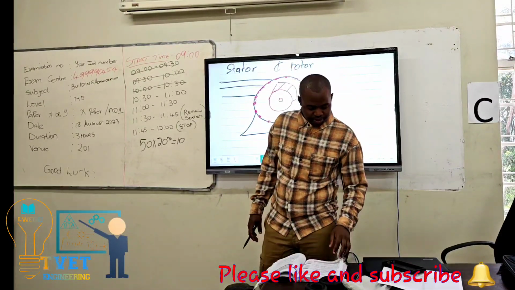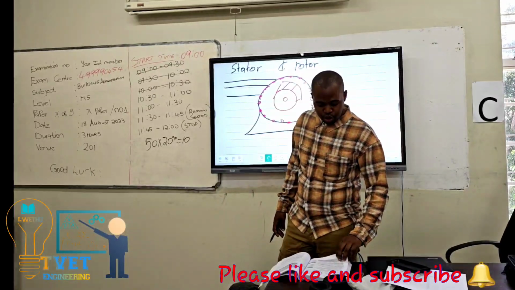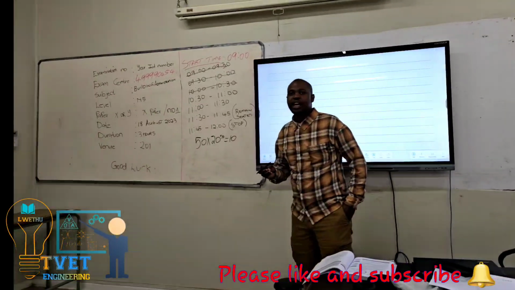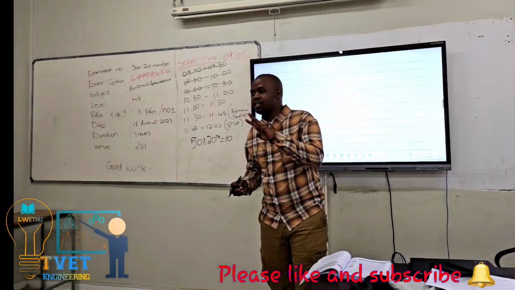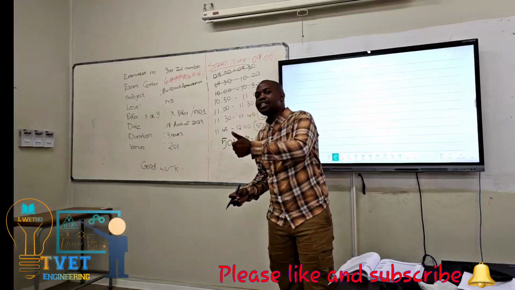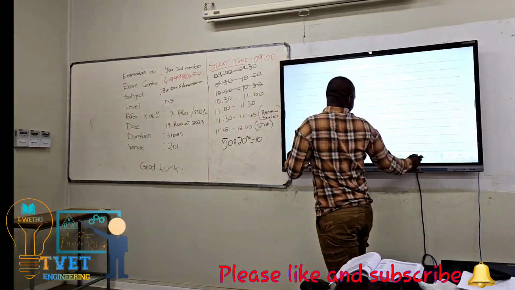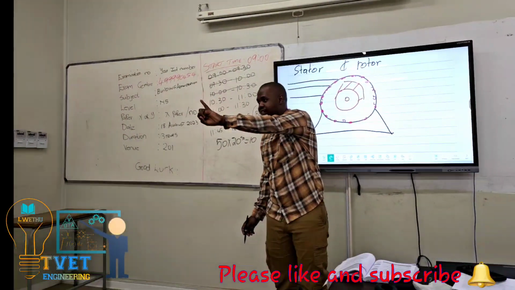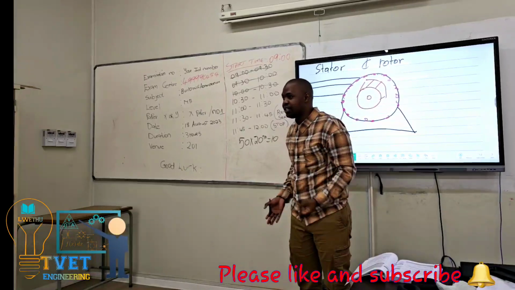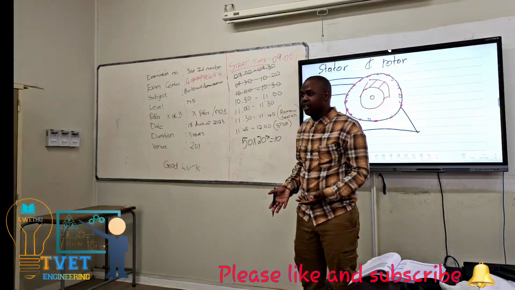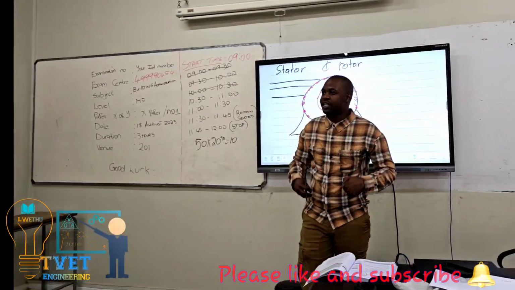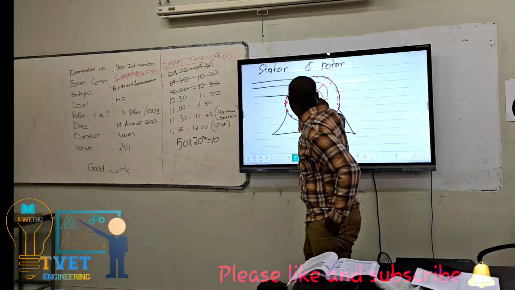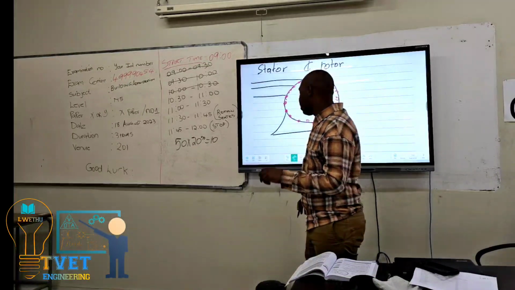Before we start these calculations, I want us to talk about two things. There are two things rotating in our induction motor. The magnetic field of the stator is rotating, and the rotor will also start to rotate.